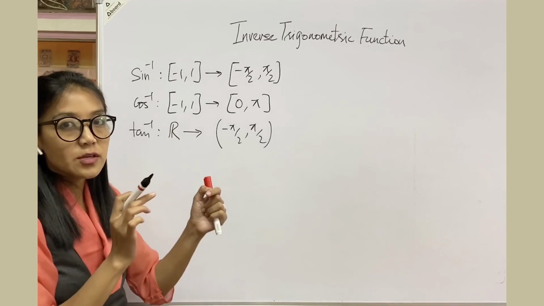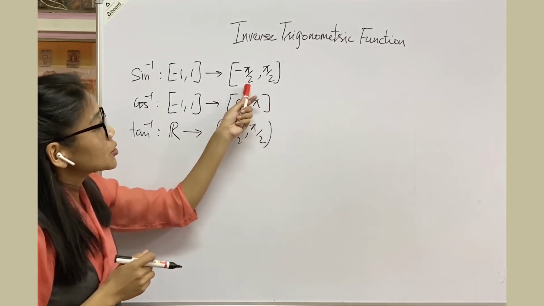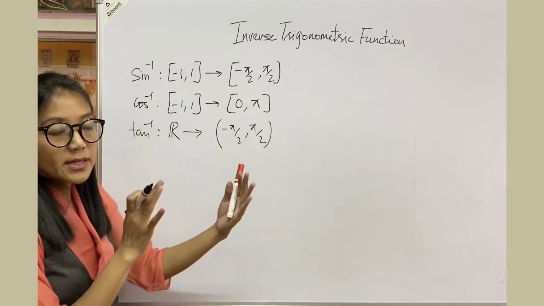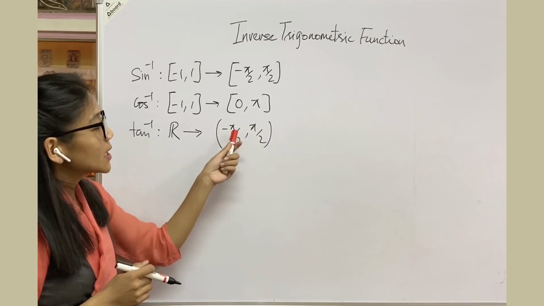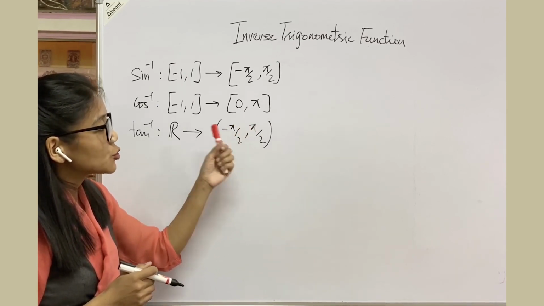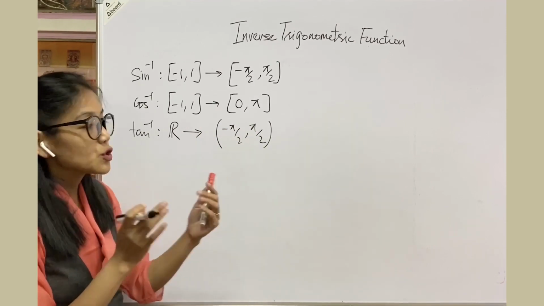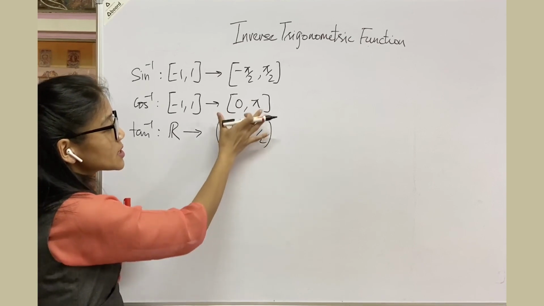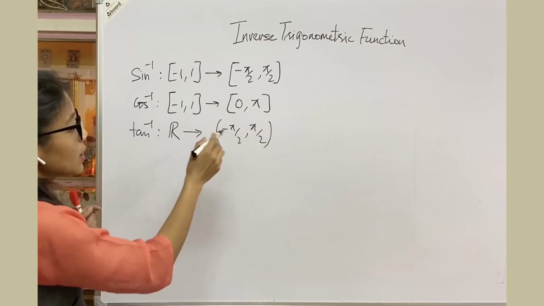Closed interval means you include the 2 extreme points. When we take an open interval, we take all the real numbers in between -π/2 and positive π/2, excluding these 2 extreme points. That is the difference between closed interval and open interval, so be careful with the brackets when you are writing.